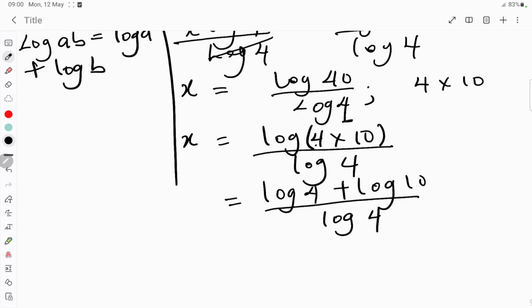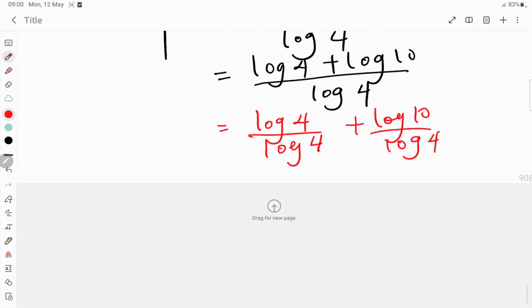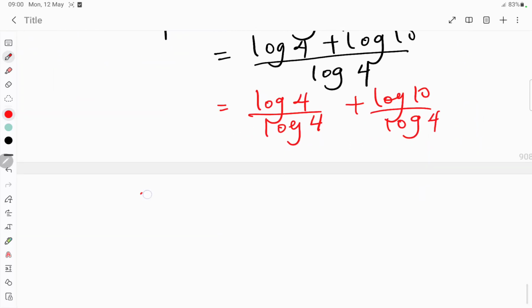On having this, we have to split the fraction. To split the fraction, this is very easy. We write it as log 4 over log 4 plus log 10 over log 4. Okay, so if you do that, our x is now equal to log 4 cancels out. When log 4 cancels out, everything is out.